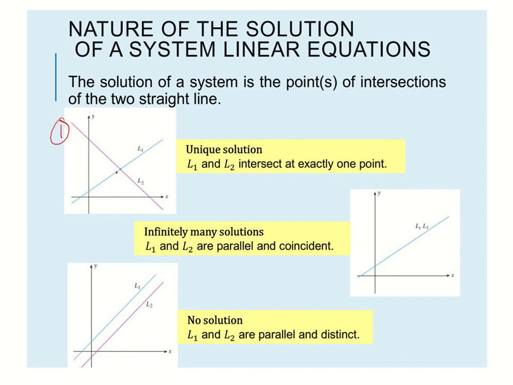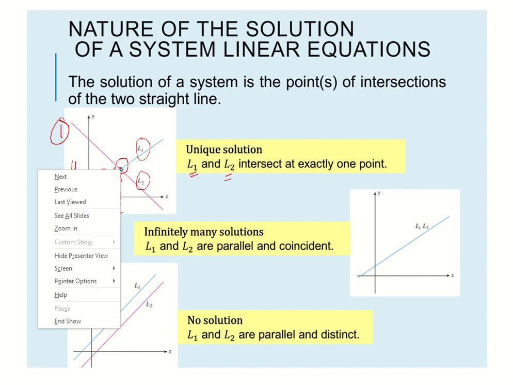It means that we can get one answer for x and for y. What happens on the graph is that line 1 and line 2 intersect at exactly one point. This is the intersection point.